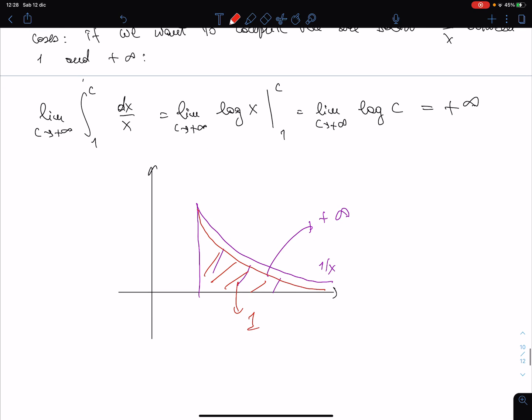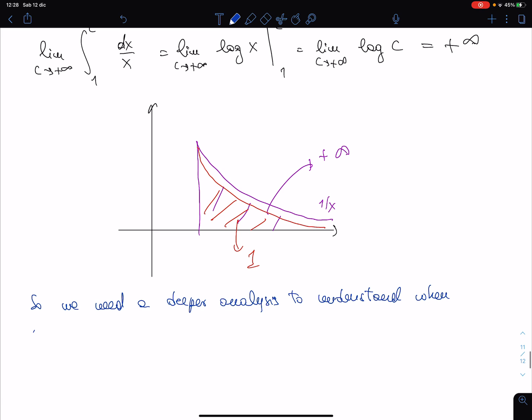So we need a somewhat deeper analysis to understand when an unbounded region has a finite or infinite area. And this is the main task of the next lecture, in the next video. Bye bye, see you.